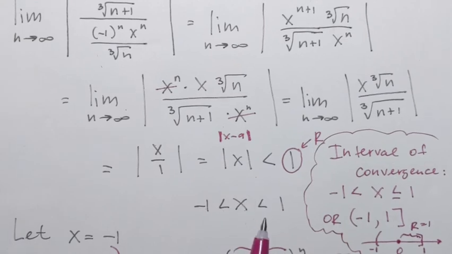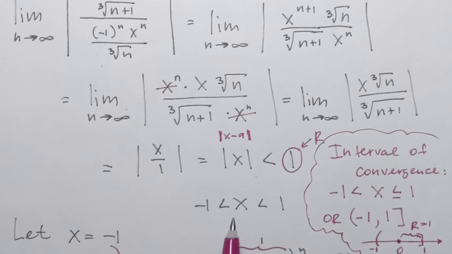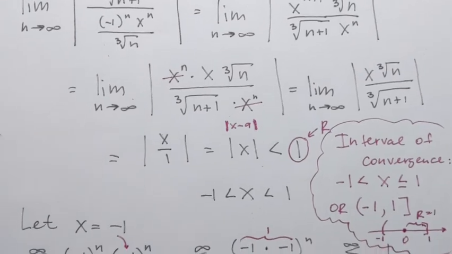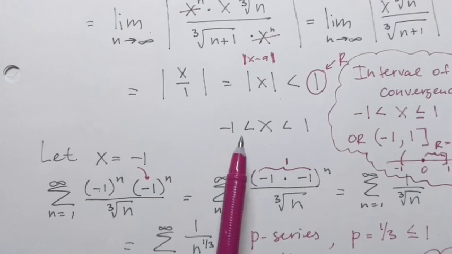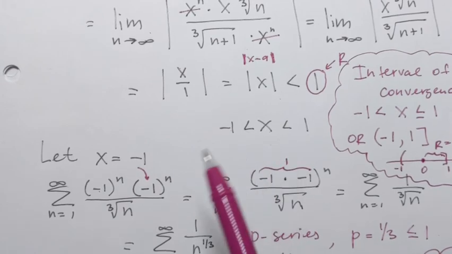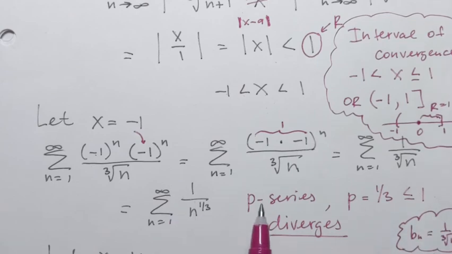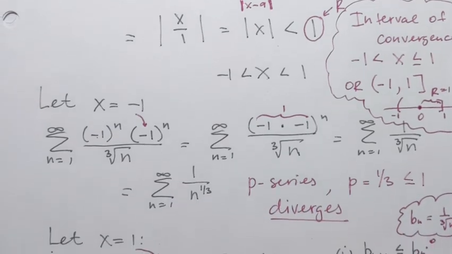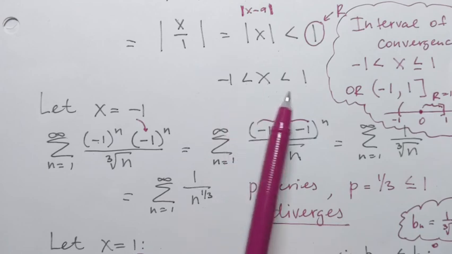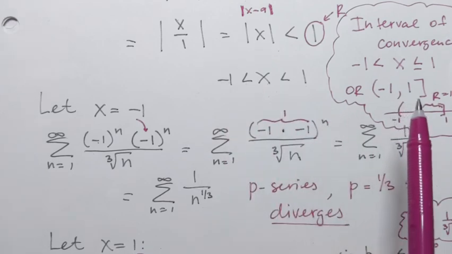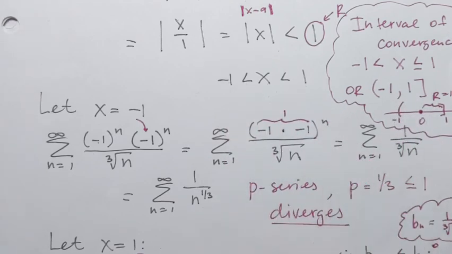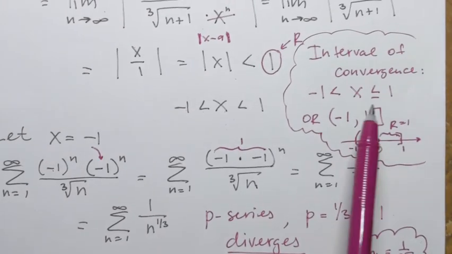So this test is not going to tell us if that series is convergent or divergent at the endpoints. Because of that, we have to test the endpoints. So you plug in each value into the series one at a time, and you test the resulting series using one of the known tests. And then you determine if endpoints have to be included, both of them or only one of them or none of them. And that's how you determine the interval of convergence.